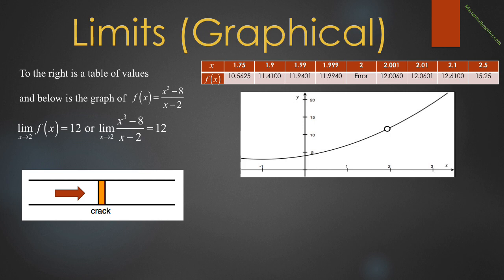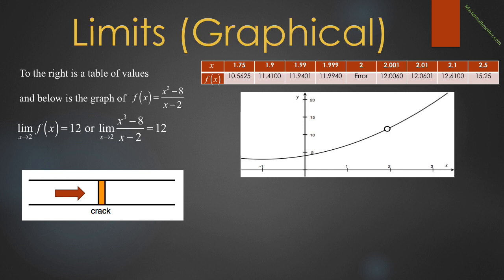Let's say that the variable x represents our position along the tiles. We can say that as x approaches the crack from the left-hand side, or if we want to, the negative side, the closer we get to the alarm going off.